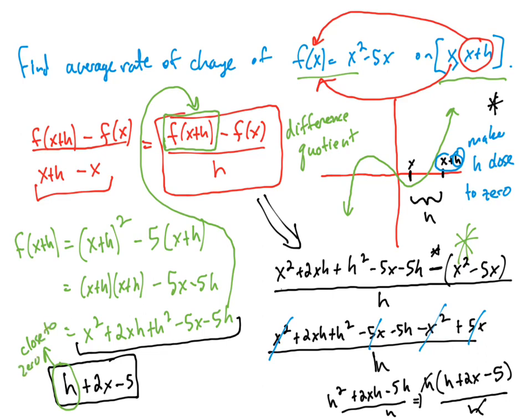If you've had calculus before, this is the idea of a limit. Don't worry about that right now, though. So essentially what it's saying is the average rate of change is just going to be dependent on what that x value is. So whatever that x value is will tell us what the average rate of change is.